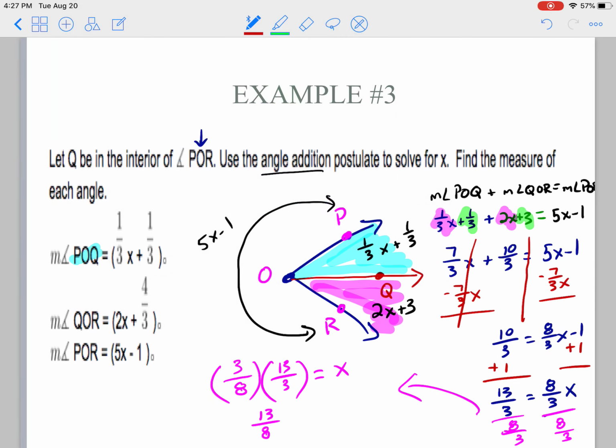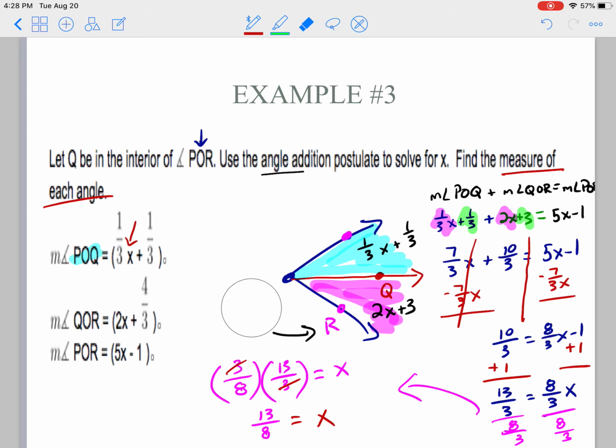And really you could cancel out the 3's and get the 13/8, and that is equal to x. Now, am I finished? The answer is no, because it's asking for the measure of each angle. What I have to do is substitute in 13/8 into each of these values for x.